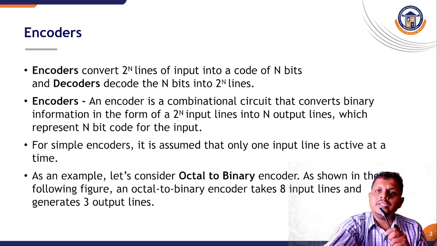Encoders convert 2 power n lines of input into codes of n bits, and decoders decode the n bits into 2 power n lines.